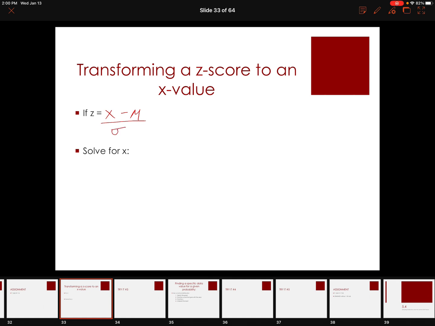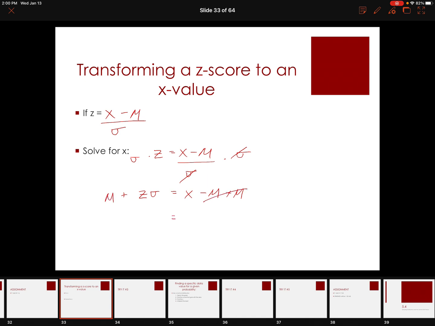If instead I chose to solve for x, meaning I wanted to get x by itself, I'd start out by multiplying both sides by the standard deviation. And then I would add the mean to both sides.